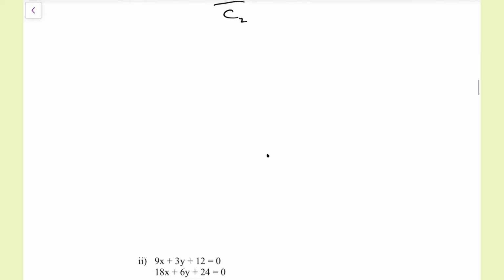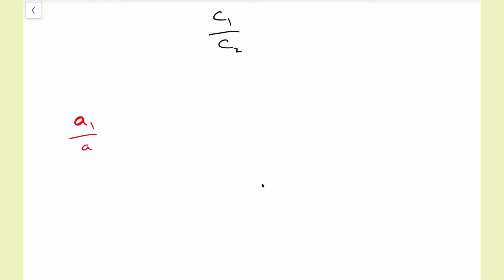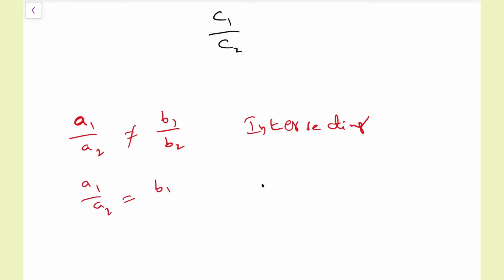A1 by A2, B1 by B2, C1 by C2. How are we going to compare these values? If A1 by A2 not equals B1 by B2, then those two lines are intersecting lines. Next, if A1 by A2 equals B1 by B2 but not equals C1 by C2, then those two lines are parallel lines.